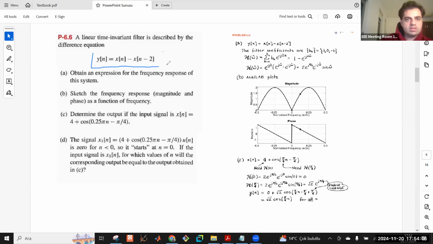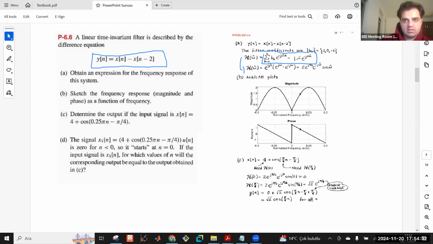In the next question, again, we are given this difference equation. We find the frequency response using these filter coefficients. In this step, we use the manipulation technique I have explained.